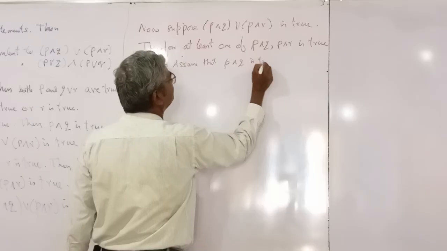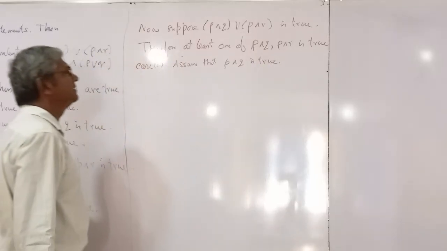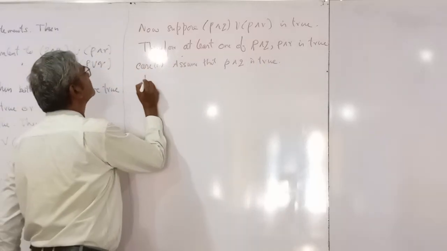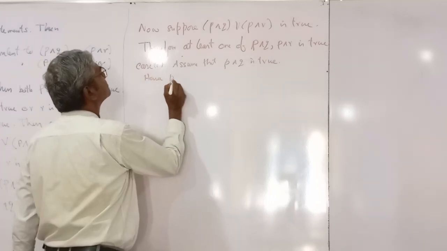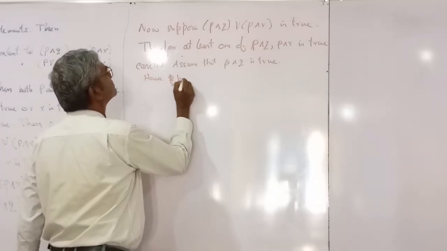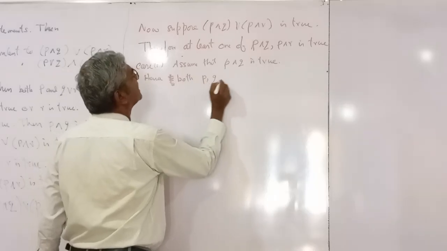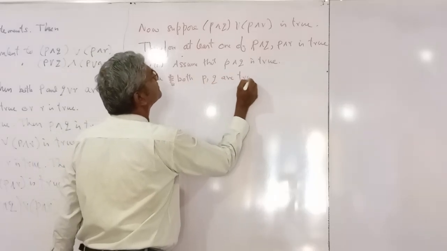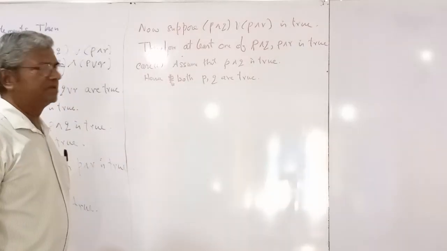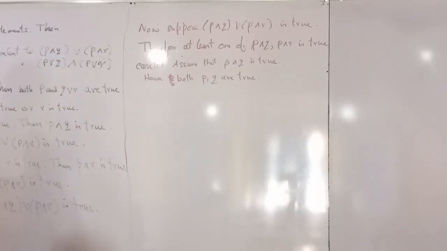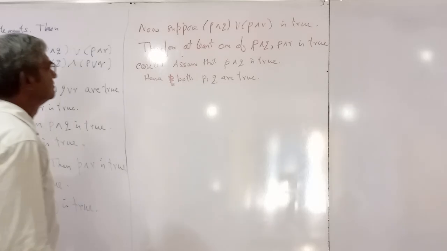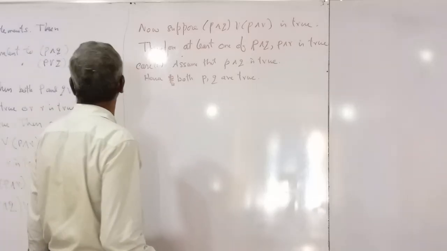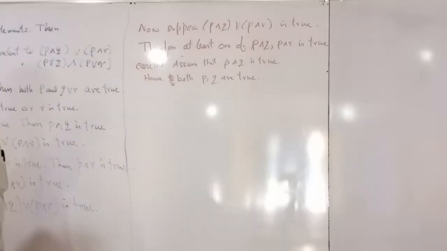P and Q is true. Hence, both P and Q are true. You are jumping, that is why you find it difficult to learn.